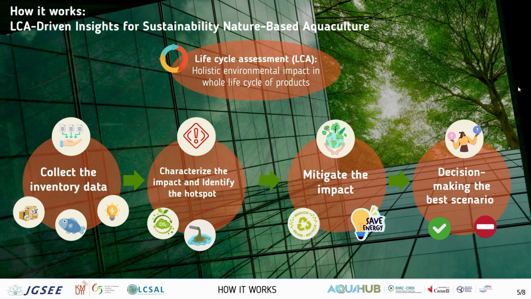After we get the data, we characterize it and identify the impact from each process of the grow-out farm. Then we can identify which process is the problem or the hotspot.